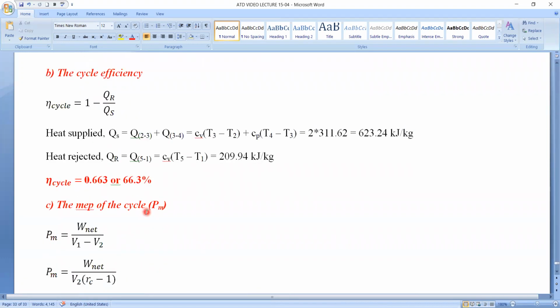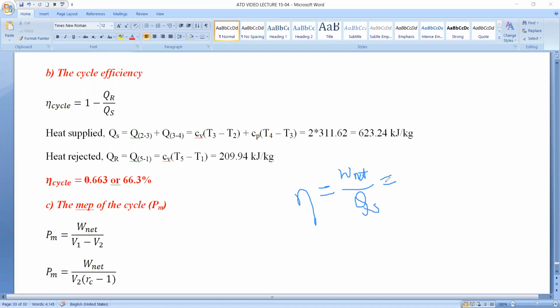Okay, now the B bit is to calculate the value of cycle efficiency. The cycle efficiency is given by 1 minus heat rejected divided by heat supplied. Listen here carefully. The cycle efficiency is nothing but the ratio of W net, the work obtained from the cycle, divided by heat supplied.